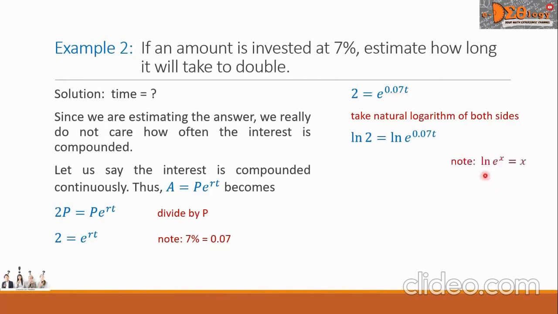I hope you still remember that ln of e raised to x can be simplified into x. So we can simplify this equation further by writing ln of 2 equals this exponent now, the 0.07 times t. We can get the value of ln2 in our calculator.